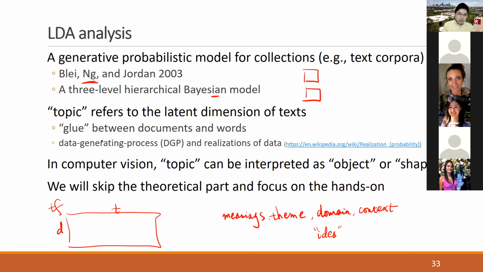So it's really a model. It's trying to describe the underlying knowledge, if you will. The latent Dirichlet allocation mathematical method is trying to describe a data generating process.